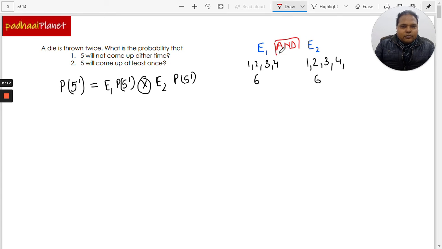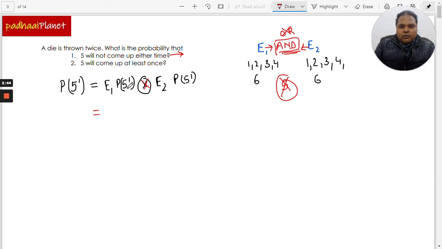This "and" is important. So it can't be an "or" situation. This is not the situation. It is an "and" situation. In both the events the absence of 5 is required, and then only our first question condition will get fulfilled, right? So whenever there is an "and" situation between the two events, we do multiplication here, right?